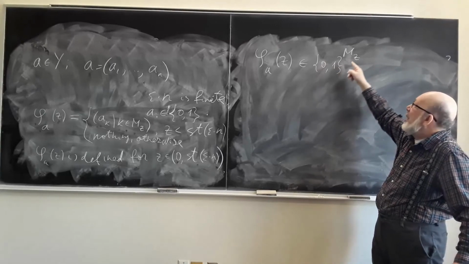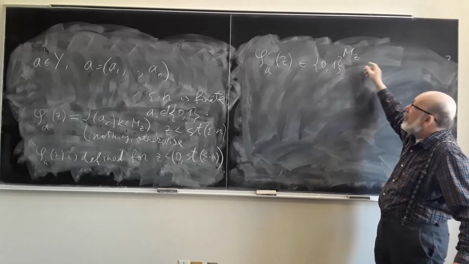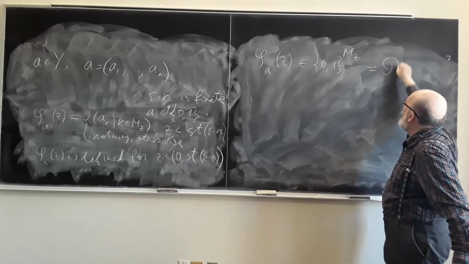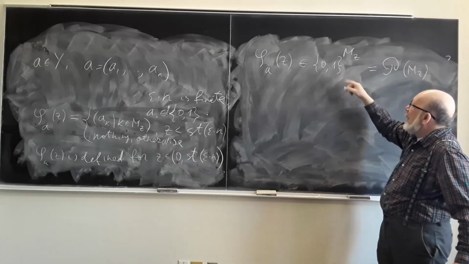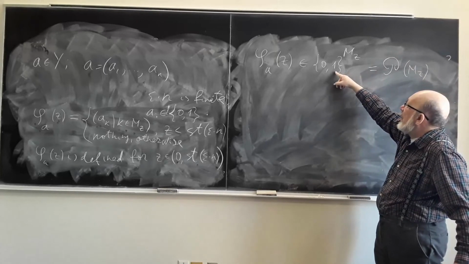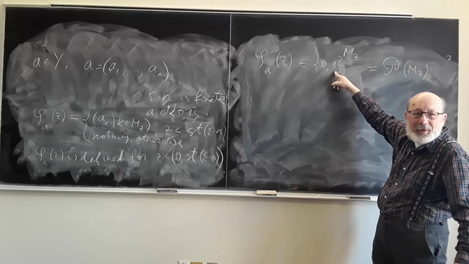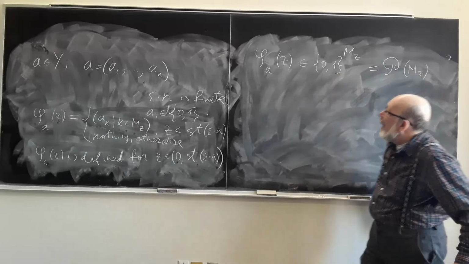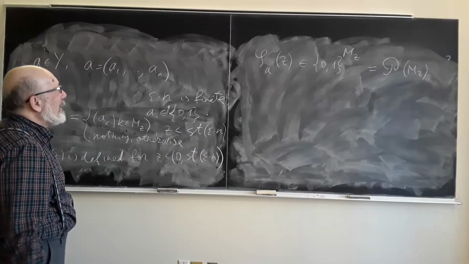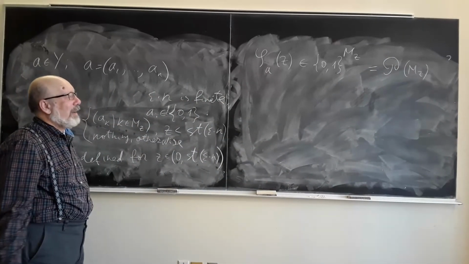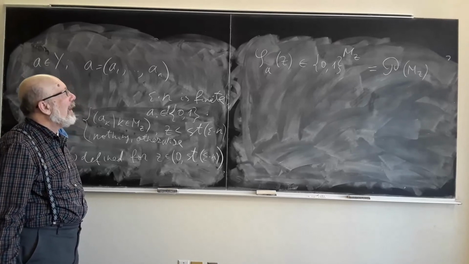Or we can equivalently say all subsets of MZ, equals P of MZ. We identify a function with the subset of elements of MZ where this function is 1, for example. Okay.